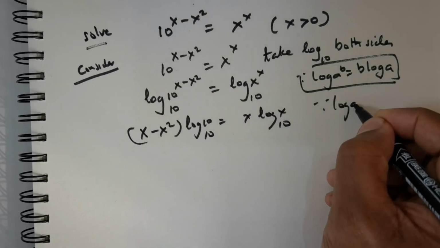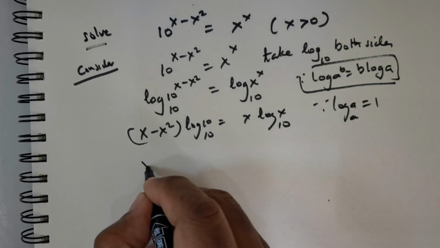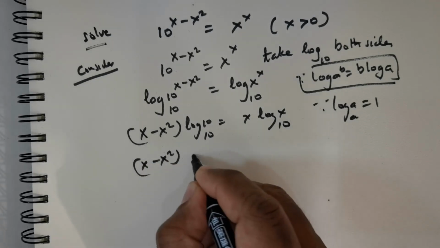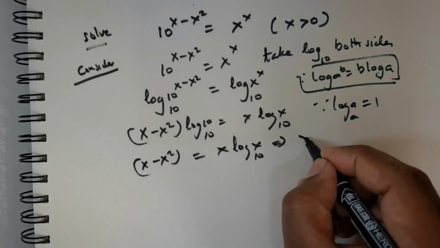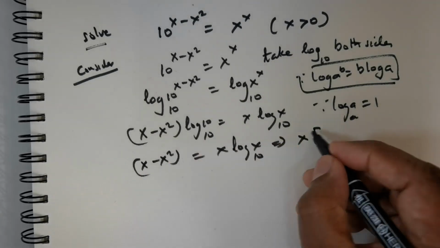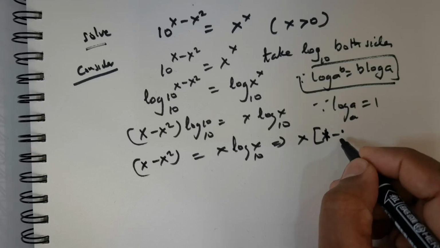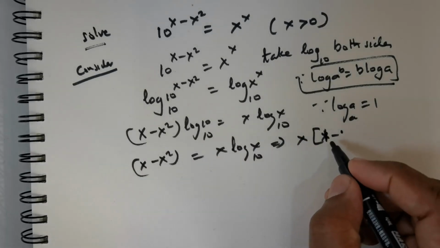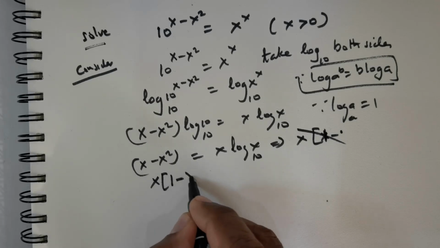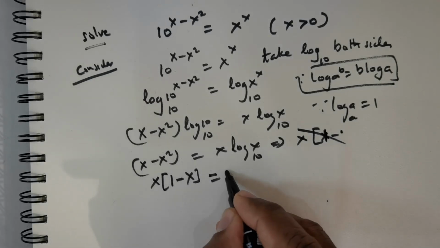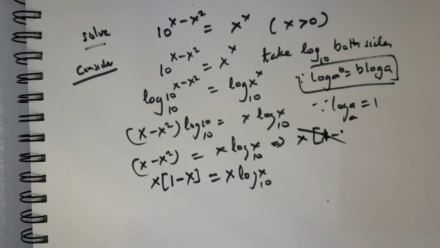Now we also have a formula that log a to the base a is equal to 1. Because of that, this is going to be 1. So you have x − x² is equal to x times log of x to the base 10. This can be rewritten by taking x out: x(1 − x) is equal to x times log x to the base 10.